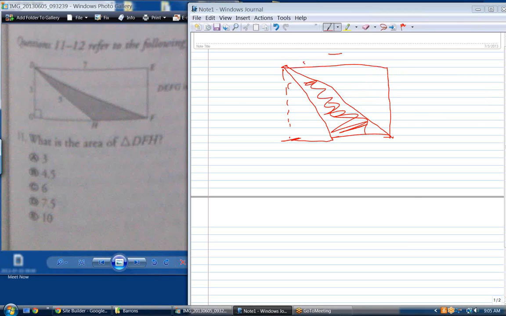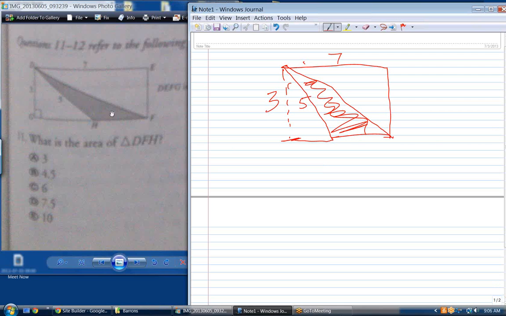All right, this is 7. This is 3, surely. I'm having a hard time reading it. This is 5. And the whole bottom is, what the heck is that number there? Oh, that's a letter. That's H. Okay, so I think that's all we know.